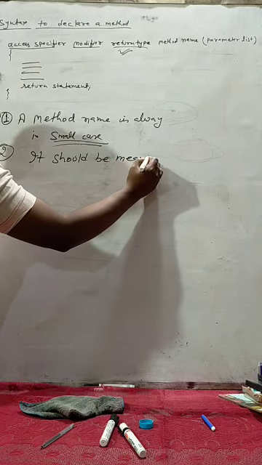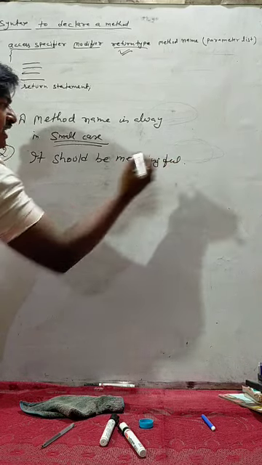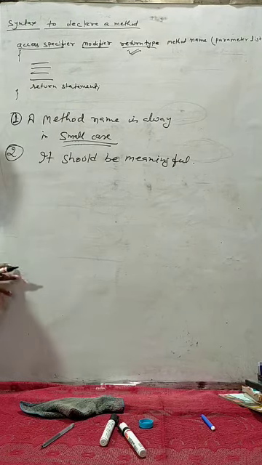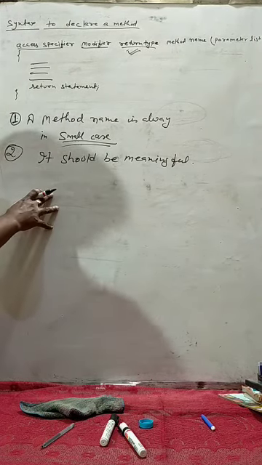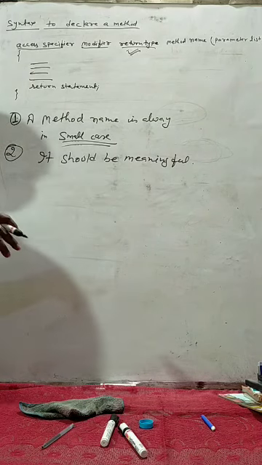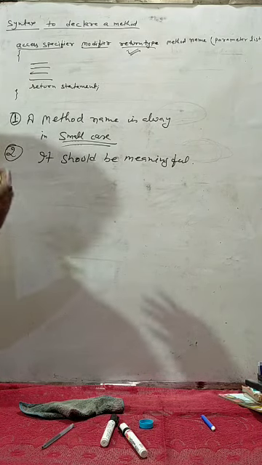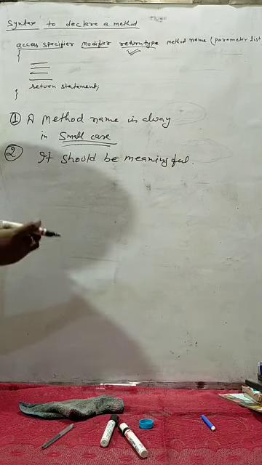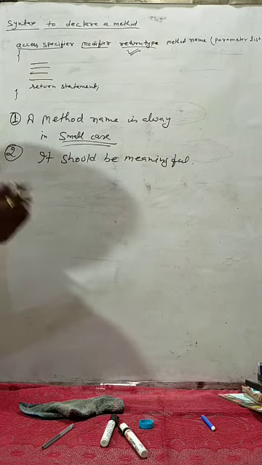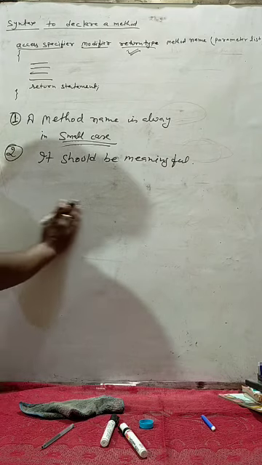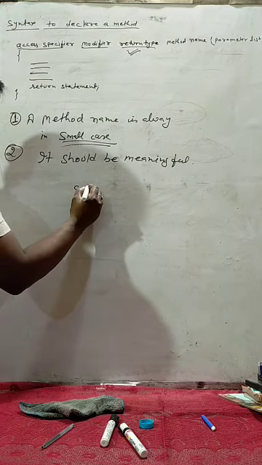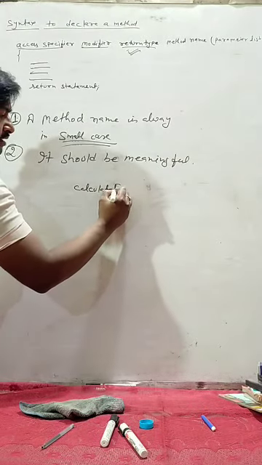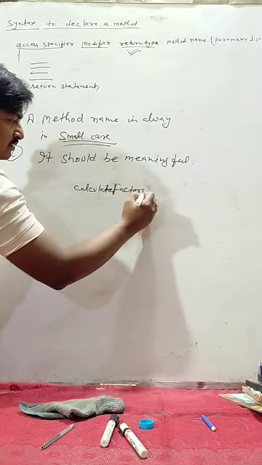It should be meaningful. It should be meaningful means, suppose we are calculating factors of a number. Suppose we have to calculate factor of a number, then our method name should be like that: calculateFactor.